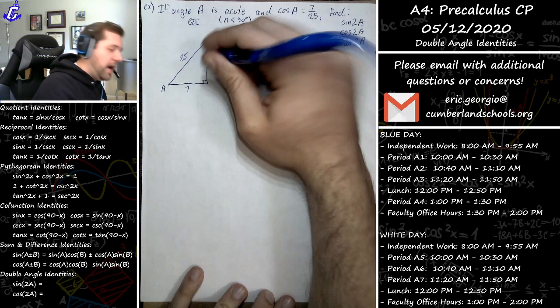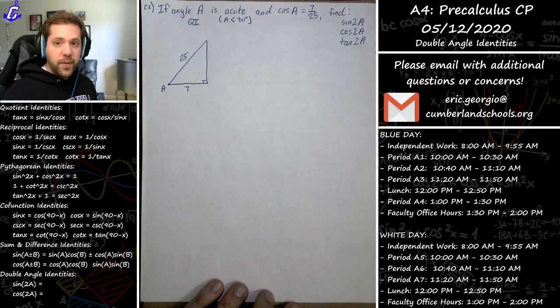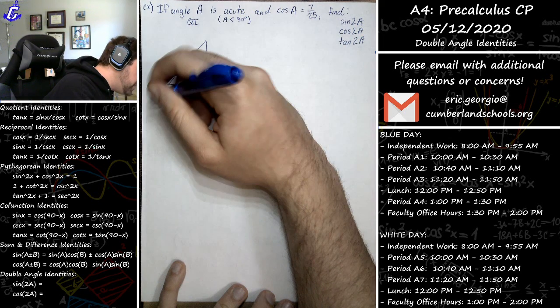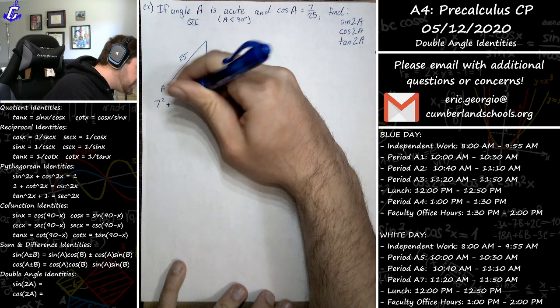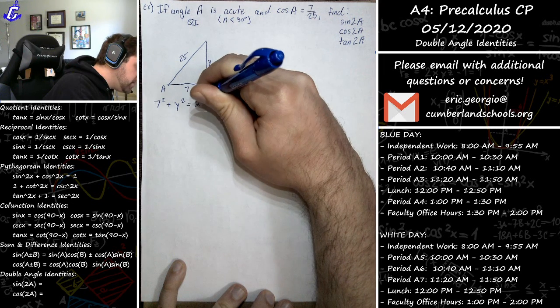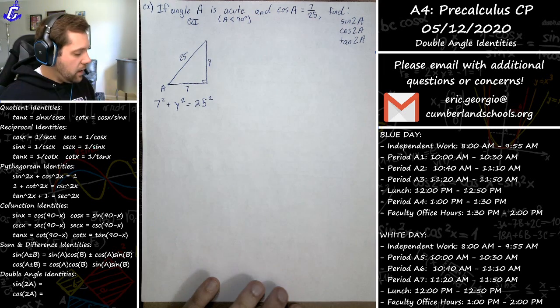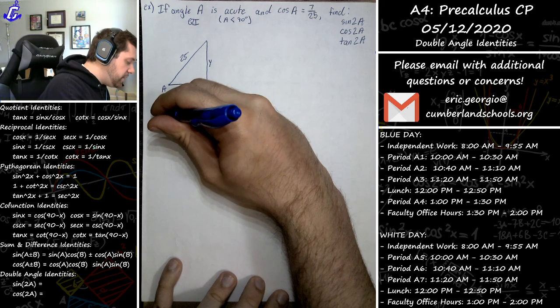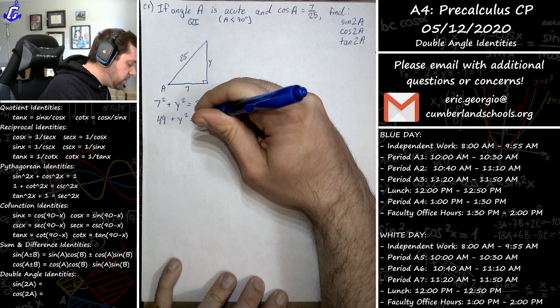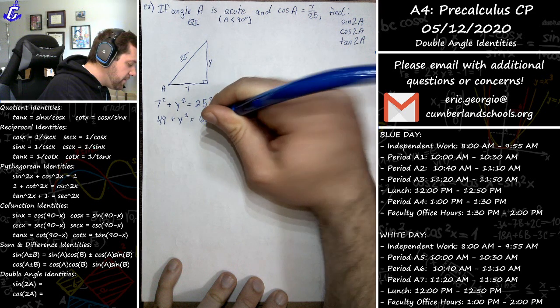So how do we find the missing side of a right triangle? Good old Pythagorean theorem coming through for us. We can say that a squared plus b squared is c squared. 7 squared plus, we'll call this y for now, y squared is equal to 25 squared. I believe that comes out to be 49 plus y squared is equal to 25 squared, which is 625.